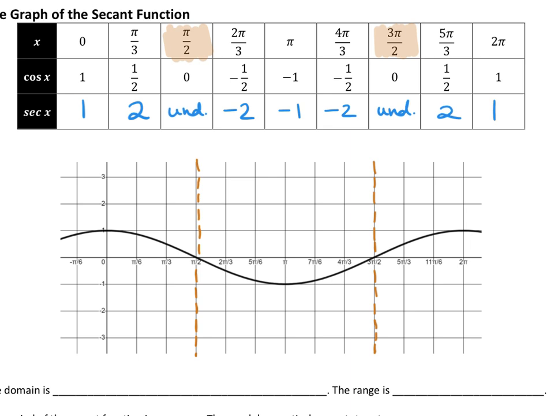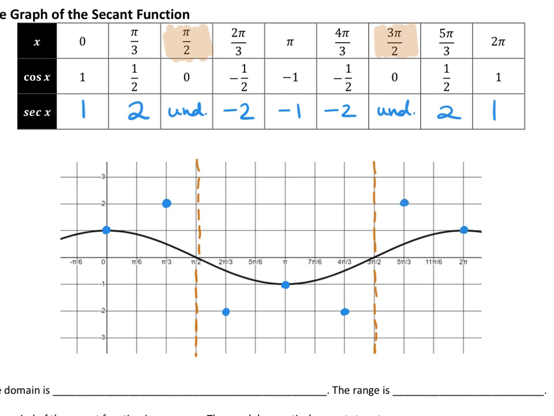Now, if we plot the other points we have, at 0 we'd be at 1. Okay, those kind of overlap a little bit. At pi over 3, we're at 2, and then we have our undefined value. At 2 pi over 3, you jump down to -2, and then -1, and then -2 again. Undefined, so there's my vertical asymptote. At 5 pi over 3, we're up at 2, and at 2 pi, we're back at 1.